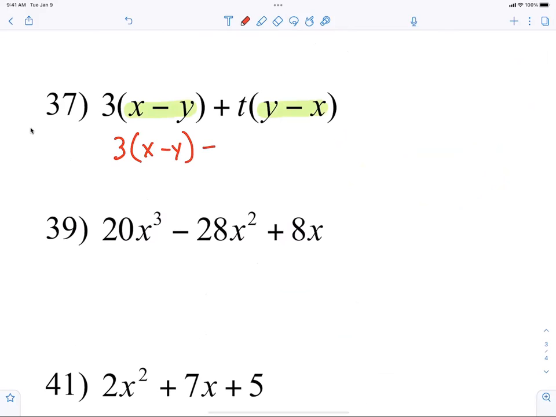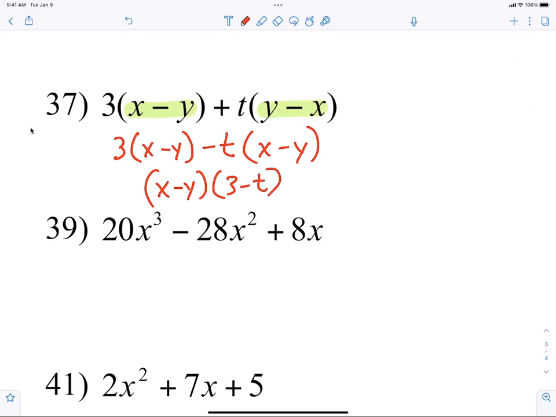This becomes a negative t, and then this becomes x minus y. Now, what am I factoring? Correct, and what's left behind? That's exactly correct. That's not too bad.